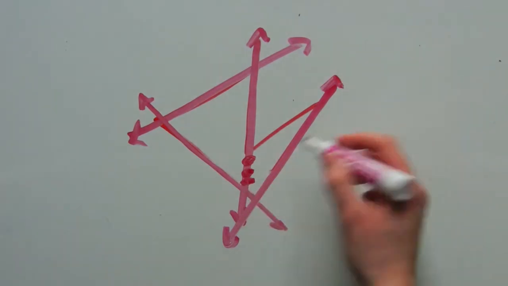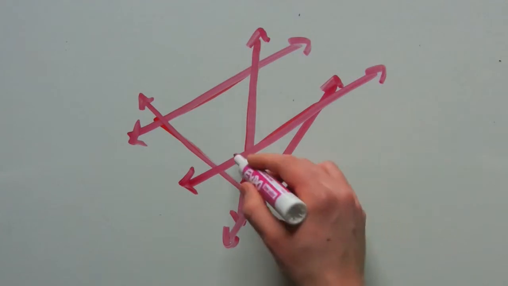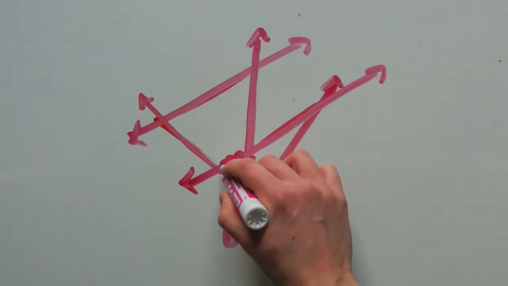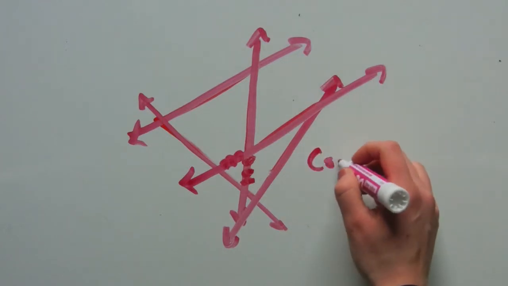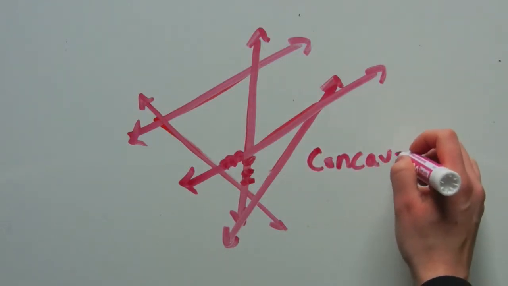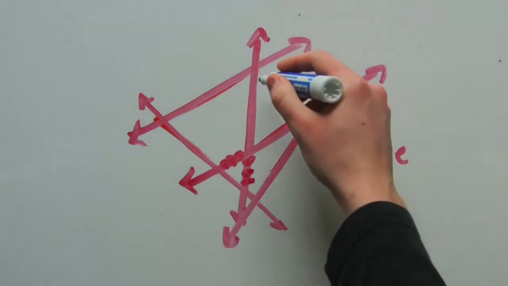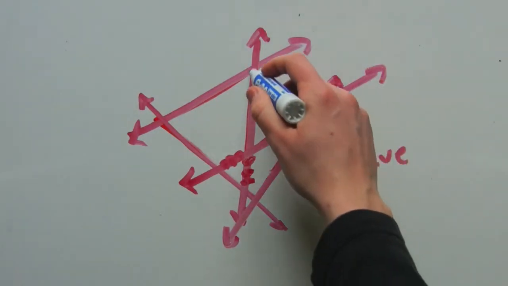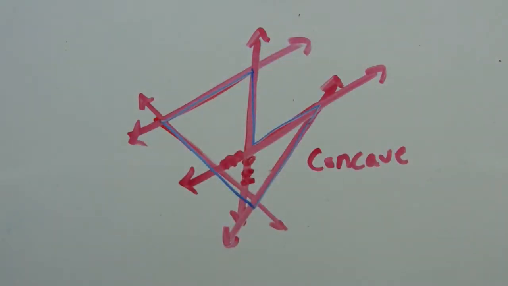And in this case, it doesn't happen once, but it happens twice. And we have interior points here as well. Therefore, this is concave. And if you remember, our original polygon looked like that.